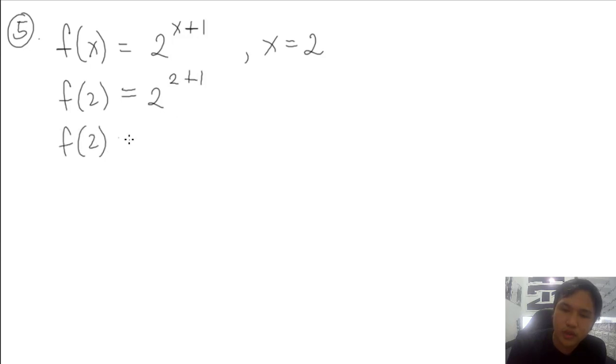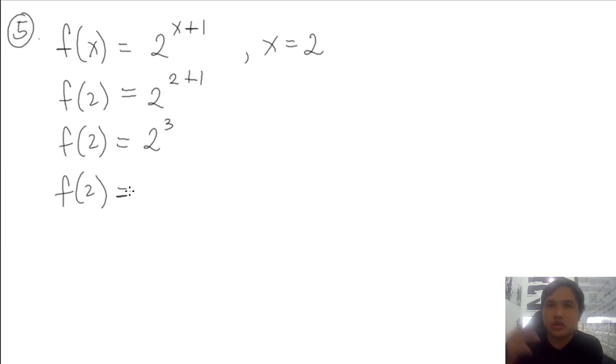F of 2 equals, yung 2 plus 1 magiging 3. F of 2 equals, ano yung 2 cube? So, 2 times 2 times 2, that's 8. Evaluate natin at x equals 2 yung function na 2 raised to x plus 1. Ang result is 8.